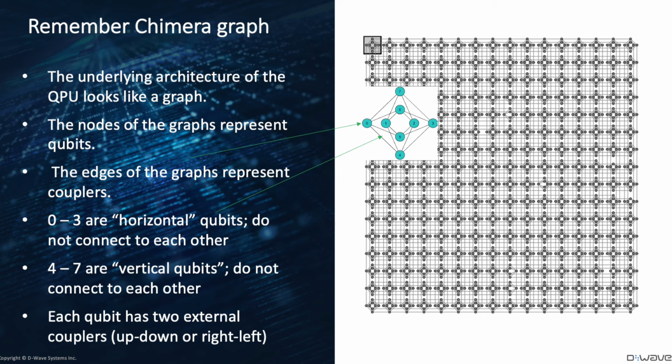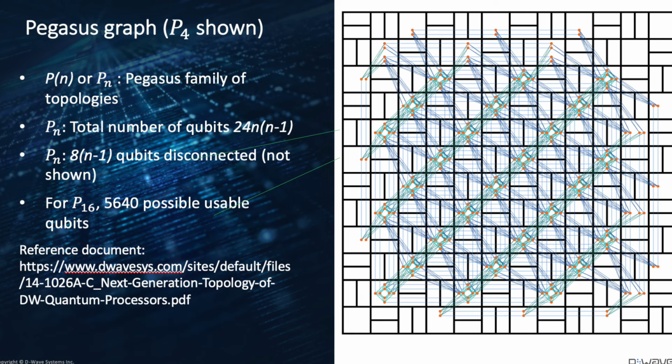So basically each qubit in the interior has 6 neighbors. It has neighbors either left and right or above and below in the lattice, as well as inside its cell. It has 4 other neighbors, so 4 plus 2 makes a total of 6.